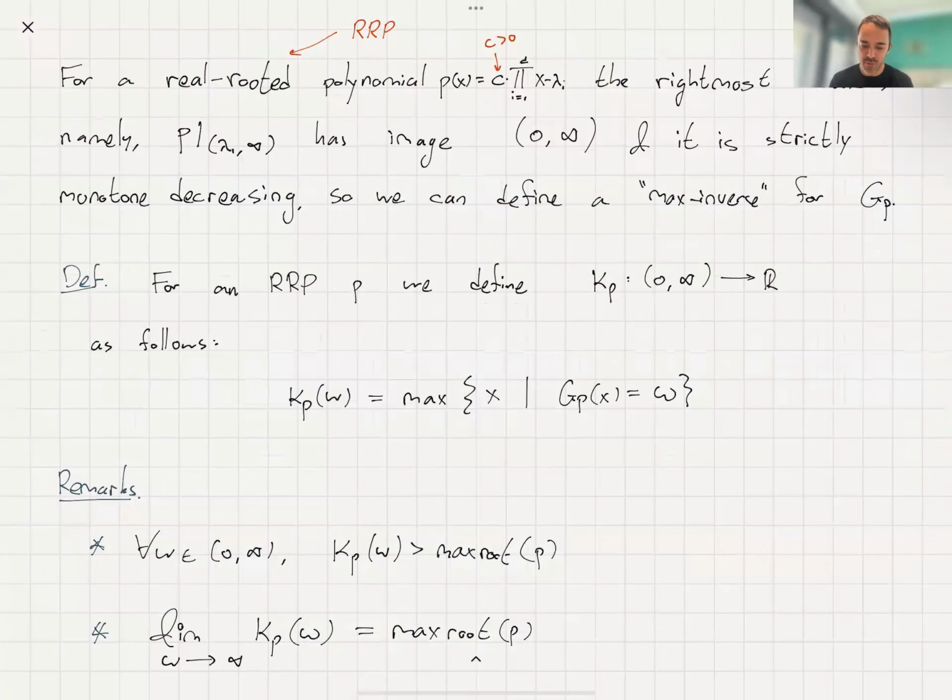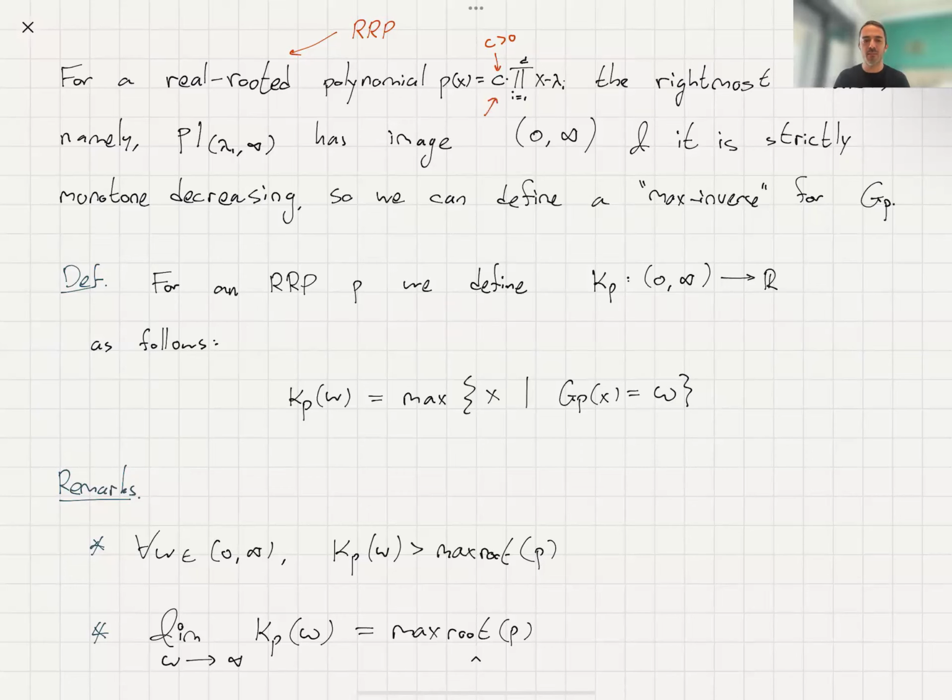And so the last thing we did was to say that if you are looking at a real rooted polynomial, and let's assume it has a positive leading coefficient, that would be simpler. You can almost always assume it's also monic, but not always. We care about the roots, so we don't really care about that.